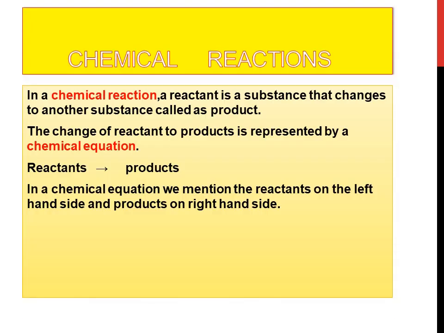So first topic is chemical reactions. As the definition related to chemistry you are studying from class 6, chemistry is the science of substances and their transformations. Transform means to change. So in chemistry we study about substances and the changes that are occurring in the substances.